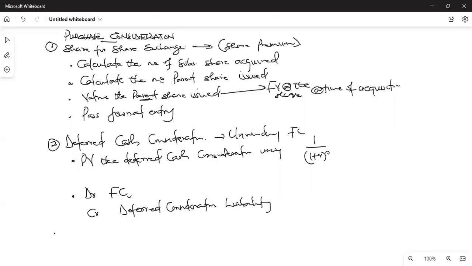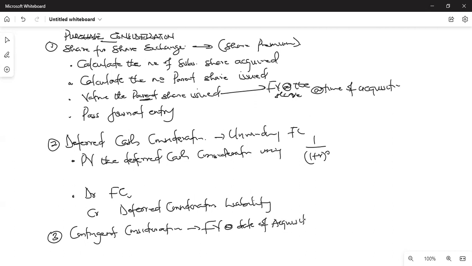The third one, which is contingent consideration. Now, contingent consideration is measured at fair value, all right, at the date of acquisition.